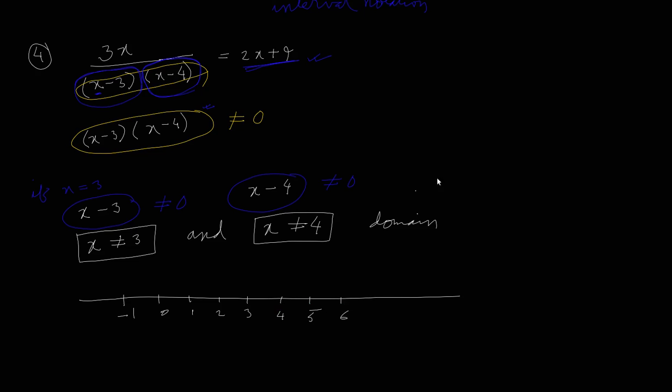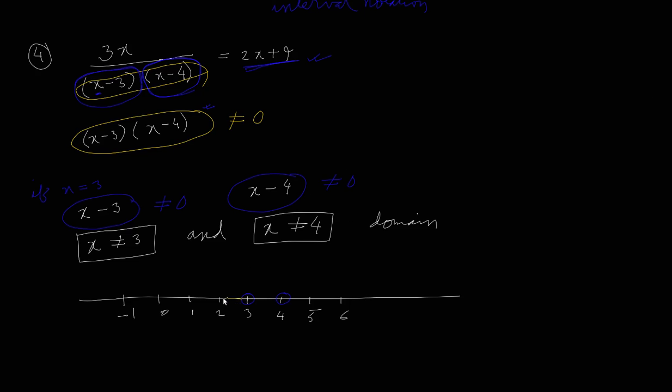My domain is x cannot be equal to 3, so I put a hollow circle here, and x cannot be equal to 4, so I put a hollow circle here. Except these 2 points, I have the domain for the whole other thing. Let me choose another color, yellow.